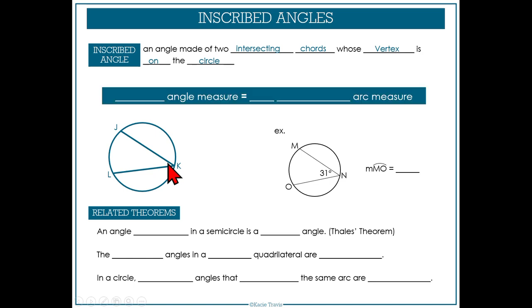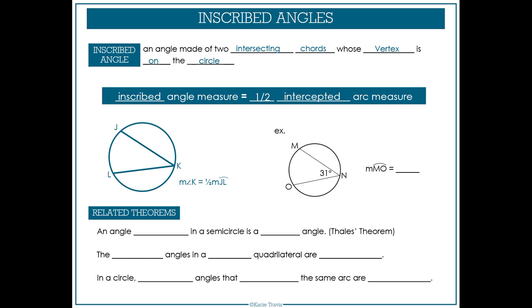Now, when it comes to measuring this angle, we have to know that the inscribed angle is going to be equal to 1/2 the size of our intercepted arc. So angle K here is half the size of arc JL. And then if you were going in the reverse, if you needed to find the arc measure from the angle, you would just double the angle measure, aka multiply it times 2.